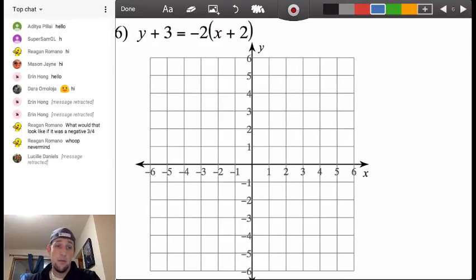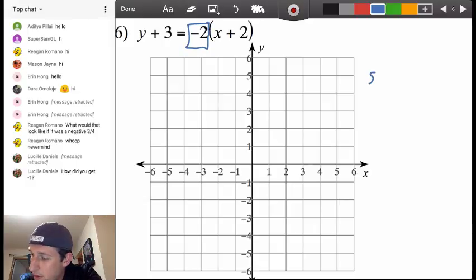This one, I really put in there because I feel like some extra practice on point slope form is good. So our slope is -2, and in a second we'll talk about how to deal with that. And our starting point is -2.